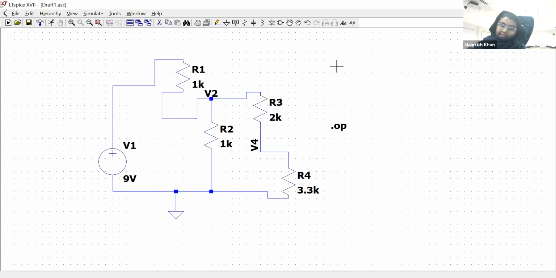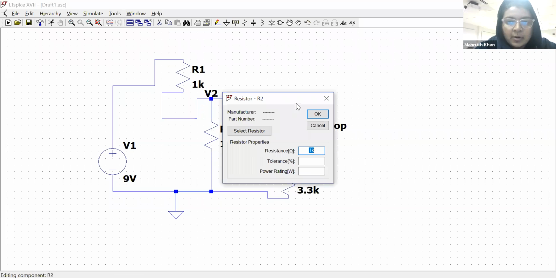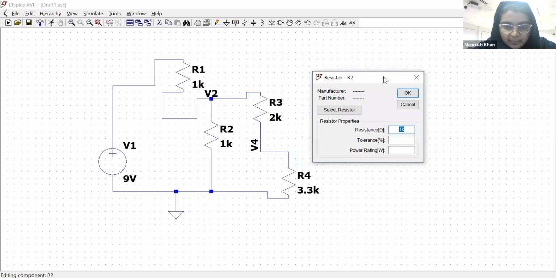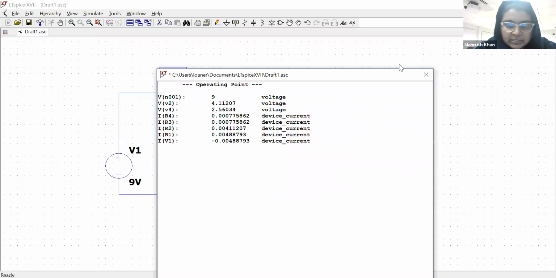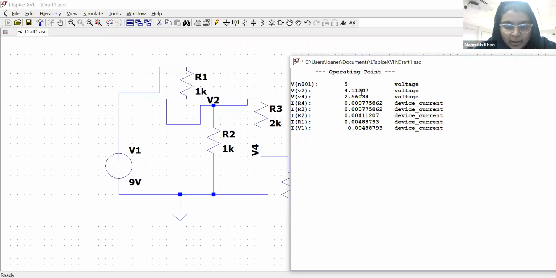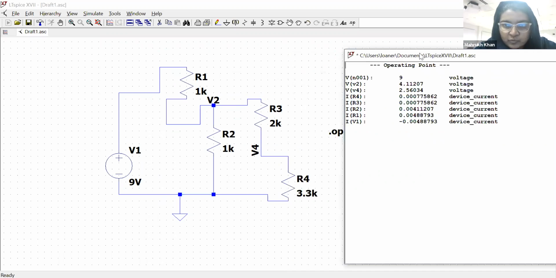So I said, what will happen if you have shorted R2? Let's see what will happen. Right now my V2 is 4.11. My V4 is 2.56. Is it clear? Do you understand what I'm saying?